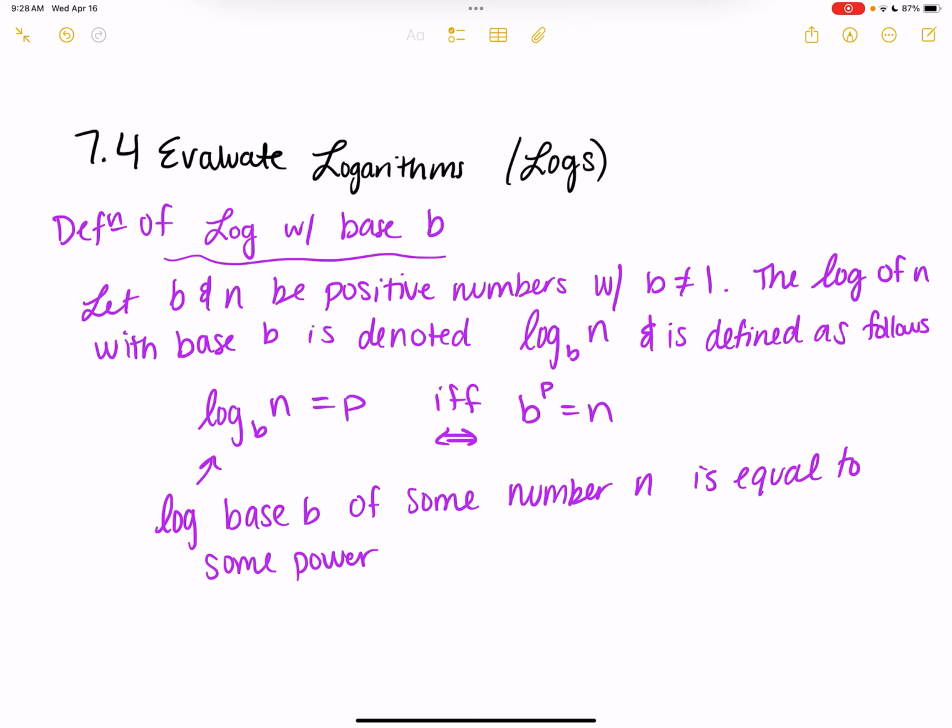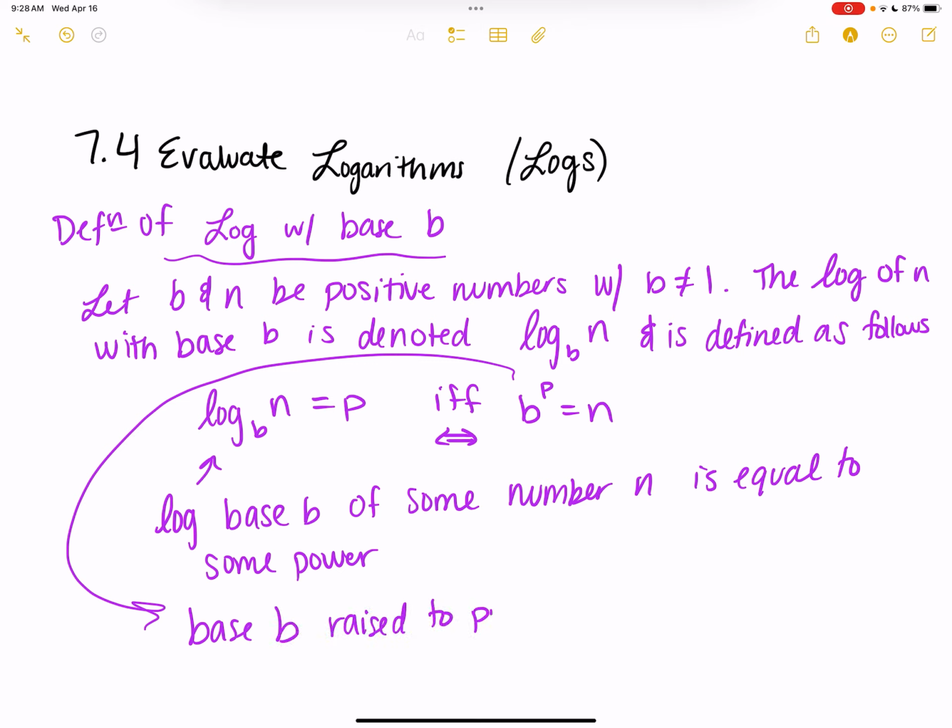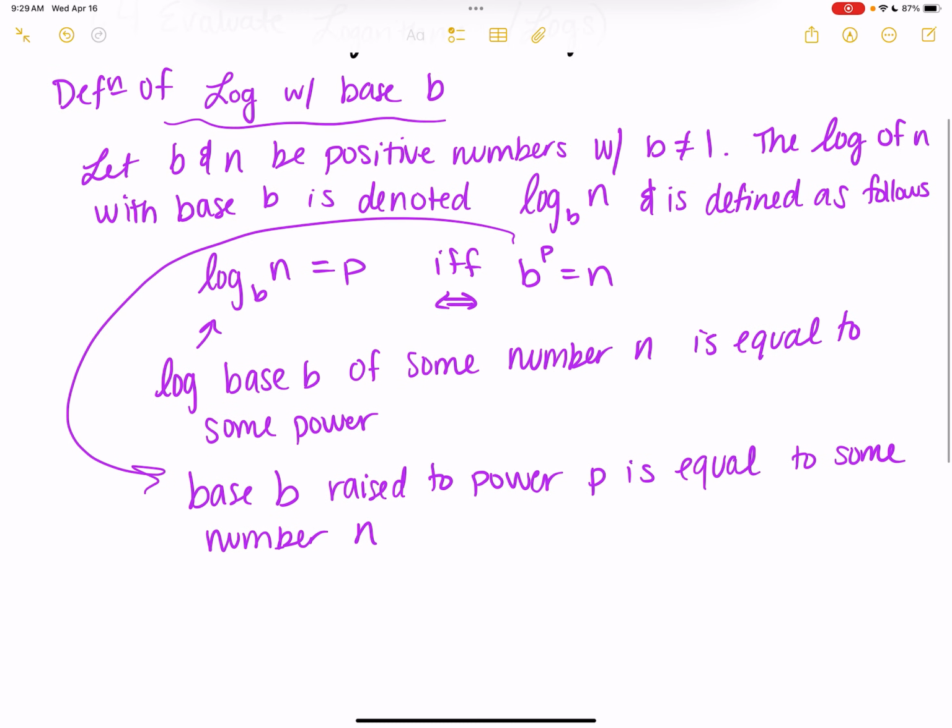Well, that's because when I write it for this other one, it's going to be base b raised to power p is equal to some number n. Now, when I was taught this stuff, that was the only way, was just to memorize log base b of n equals p and b to the p equals n.